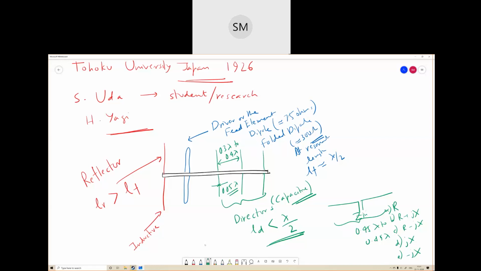Right. Now what happens in an inductor? What is the voltage current relation in the inductor? What is the phase relation of voltage and current in an inductor?